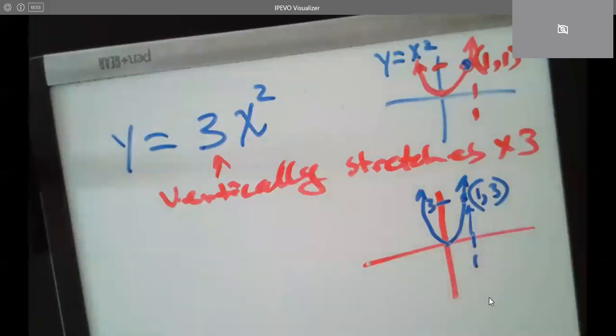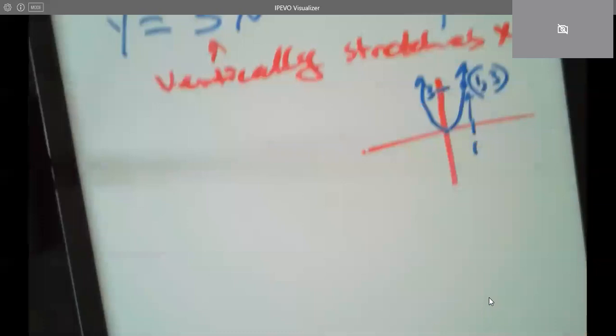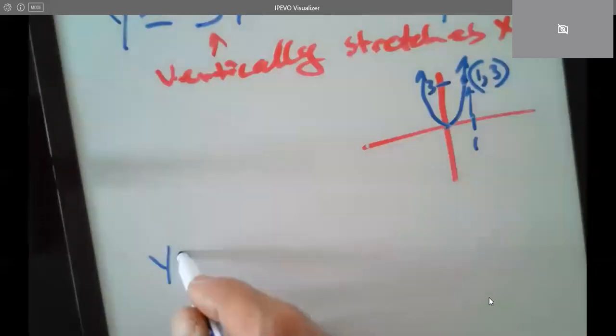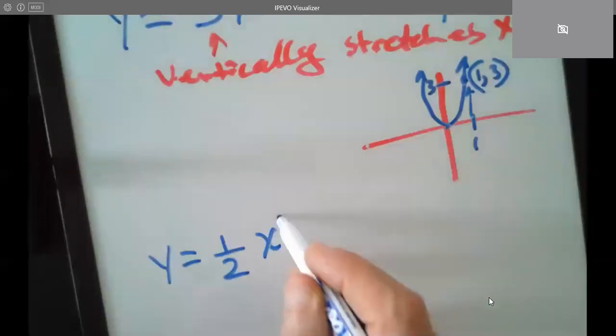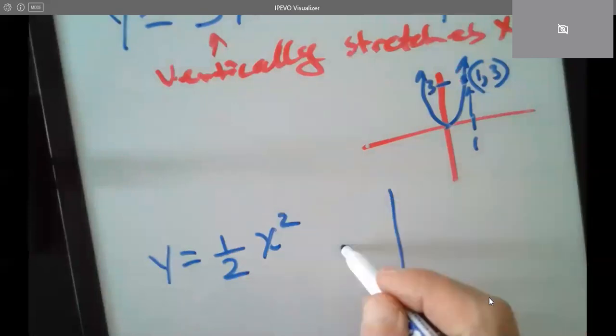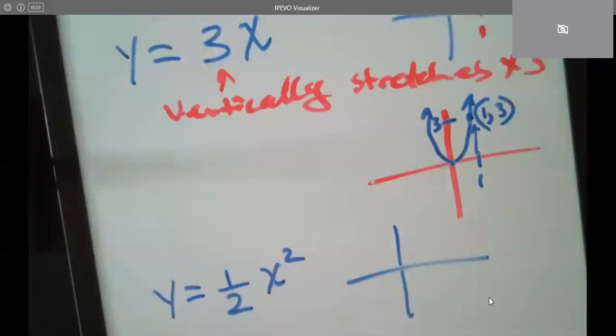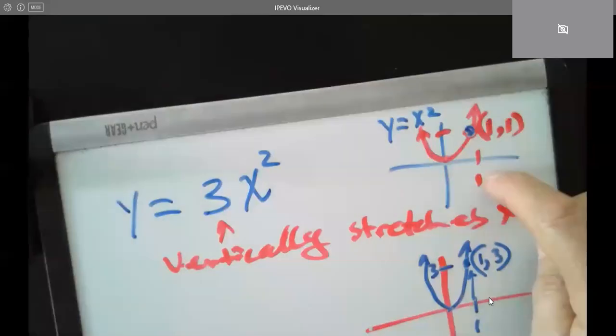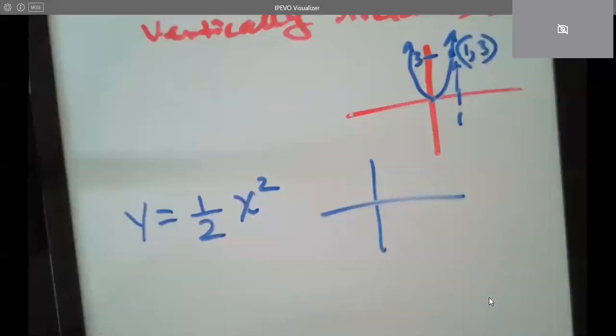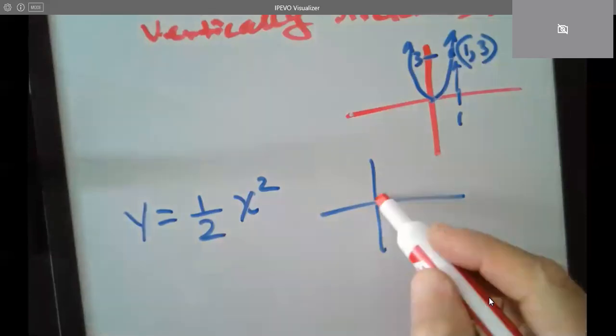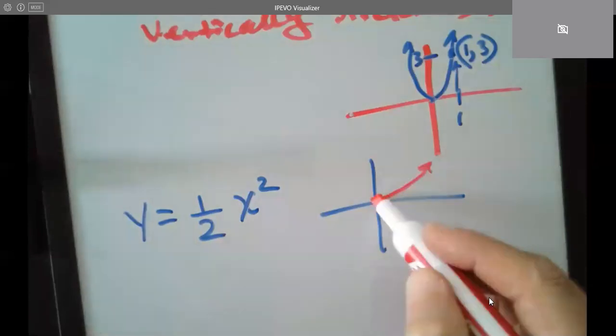So if we had y equals, let's say, 1/2 x squared, now, instead of being at 1, 1 when x is 1, it's going to widen out. It makes the graph wider.